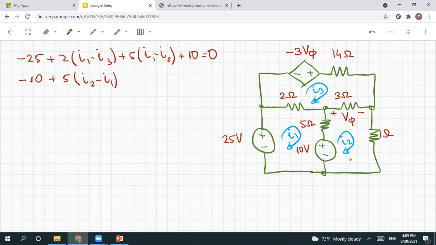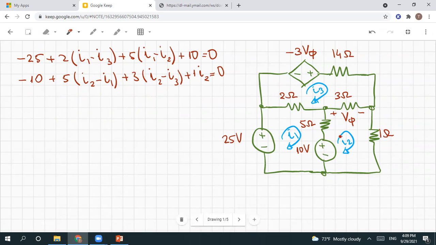Thank you so much. The current in the 3 ohm resistor. I2 minus I3. Thank you. And the current in the 1 ohm resistor. I2. And let me multiply 1 by I2 so it will be clear for all of us. Okay. And this is equal to 0.